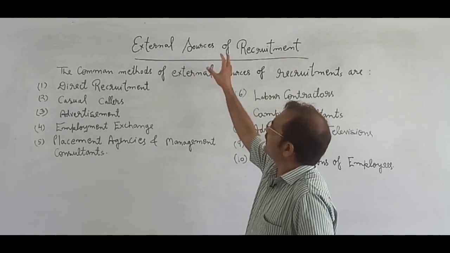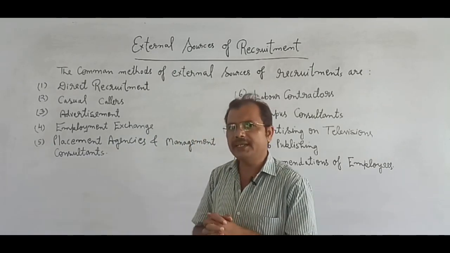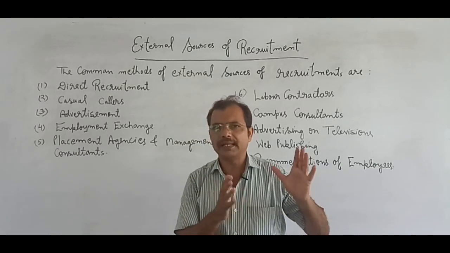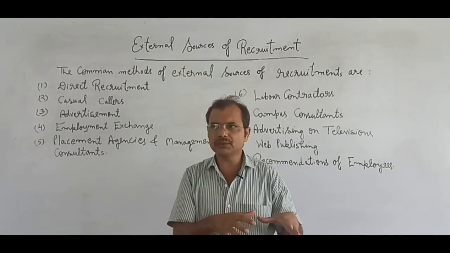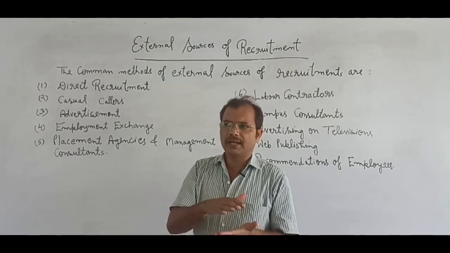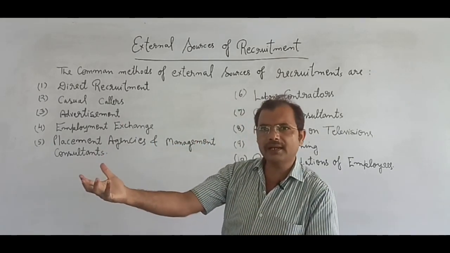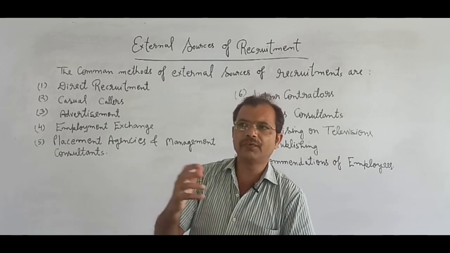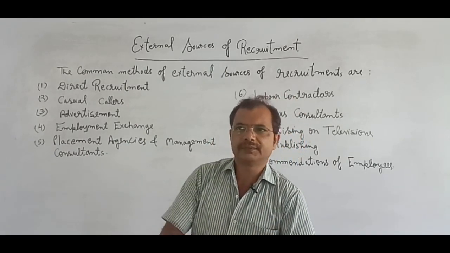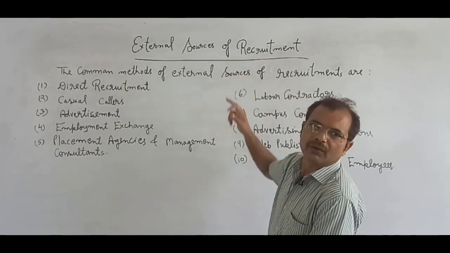First of all, we should understand what is external sources of recruitment. Students, when any organization does not hire employees from the internal sources, means from its organization, and on the other hand, when candidates are attracted from outside for the jobs, for the positions, at that time the term external sources of recruitment is used.